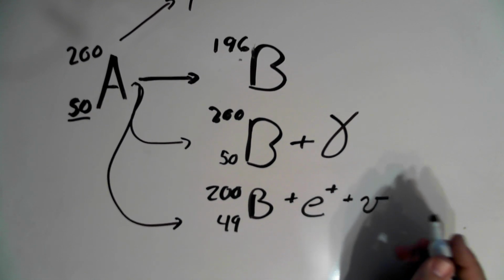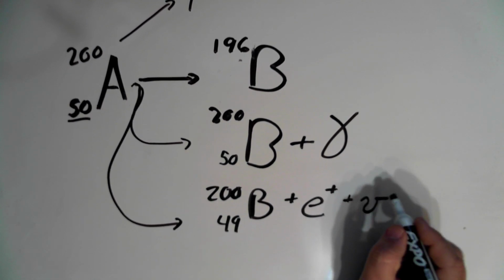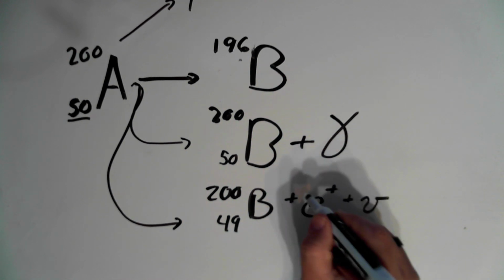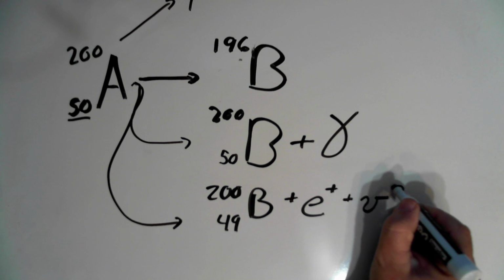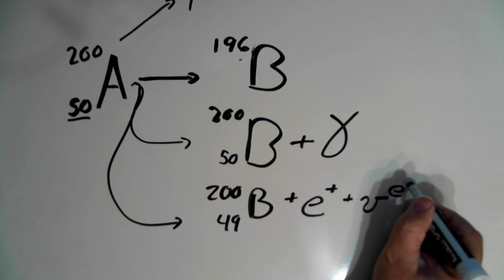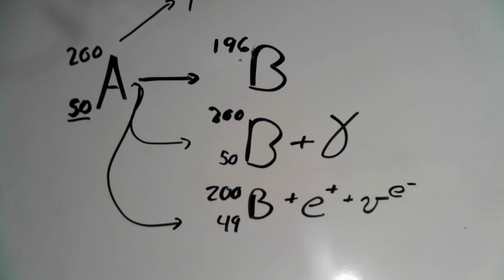Not a neutron, a neutrino. And this neutrino is going to be of a type that is opposite of that electron. So this being a positron, the opposite of a positron is an electron. So that's the ejected particle of beta.